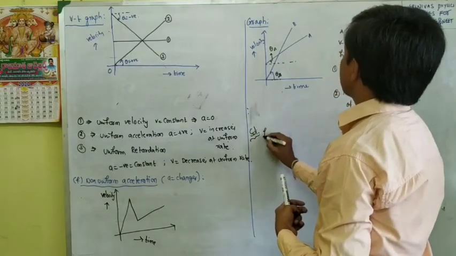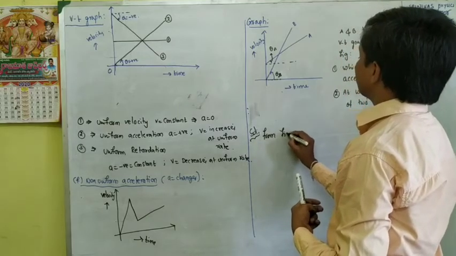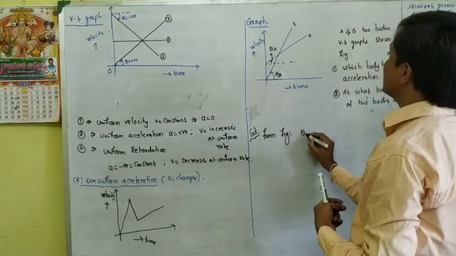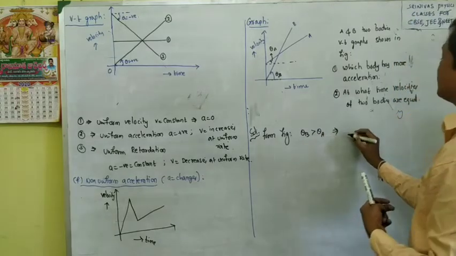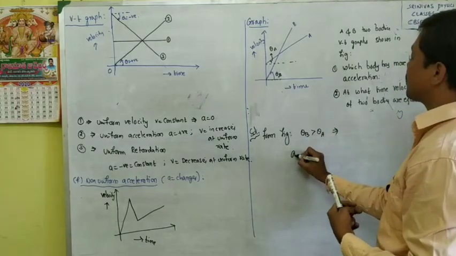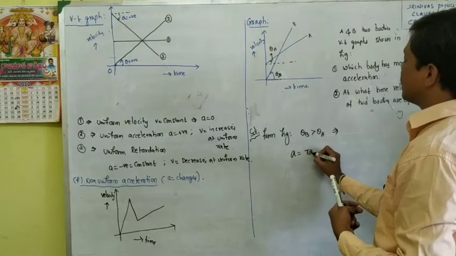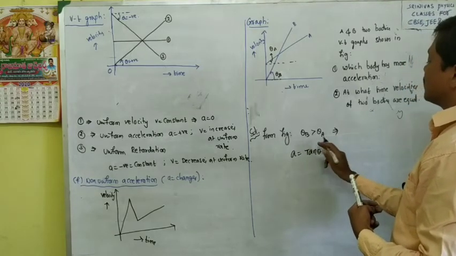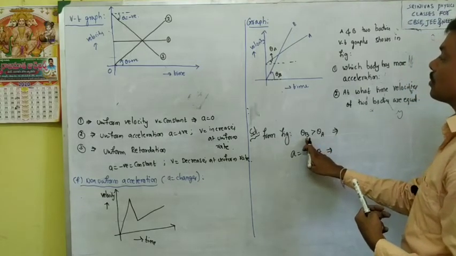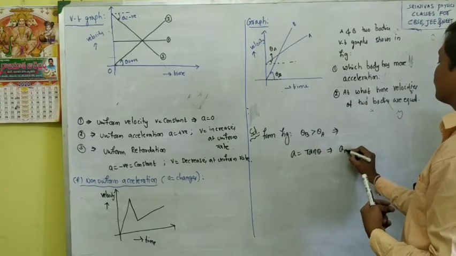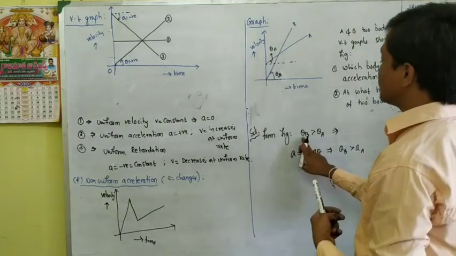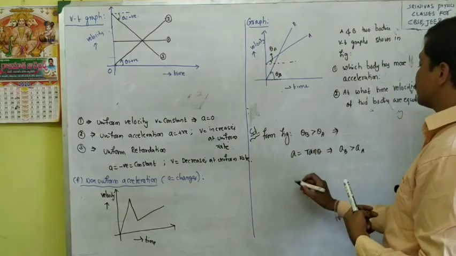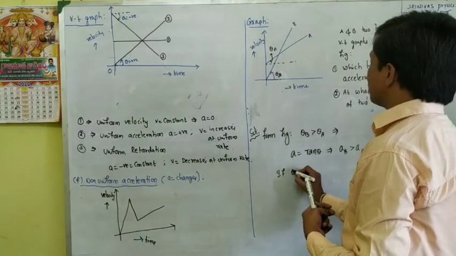Solution. From the figure we write one thing, that theta B is greater than theta A. We know the acceleration formula is tan theta, right? Theta B is more, which means the acceleration of B is more than the acceleration of A. When theta is more, then automatically acceleration is also more.